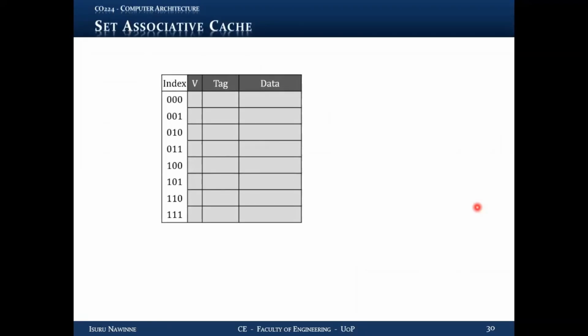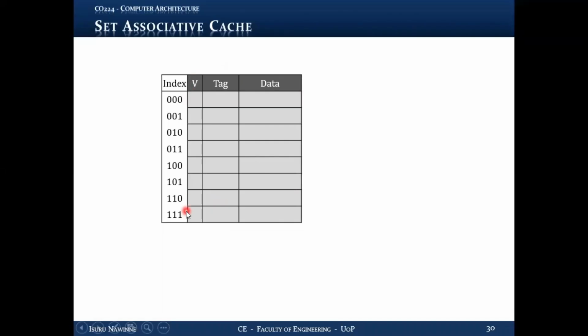Now, in between fully associative and direct mapped, we have this concept of set associative caches, right? This has both direct mapped as well as fully associative techniques in the same cache. If you look at a cache structure like this, you have a data array, tag array, and valid bit array.